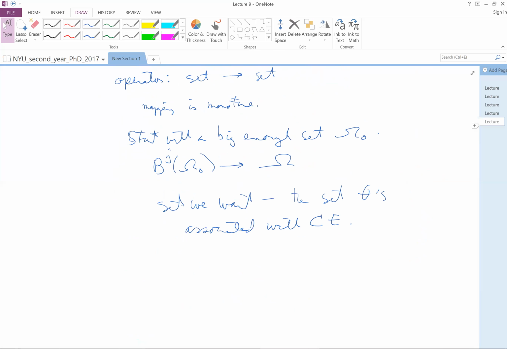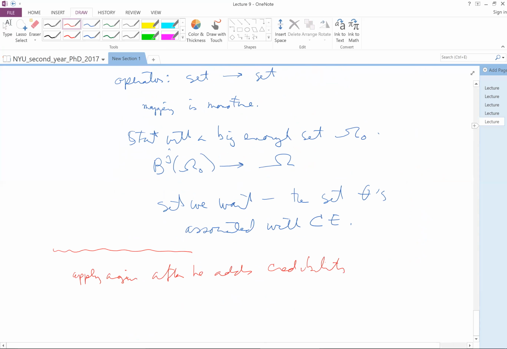And now what he's going to do is he's going to apply this again after he adds credibility restrictions. And that will involve another state variable.